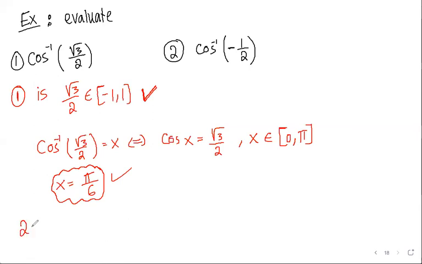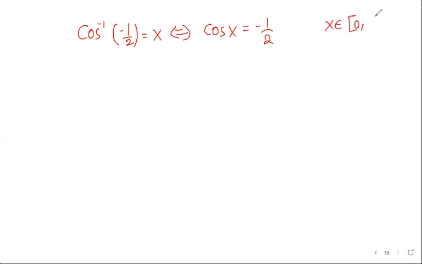For the second one, negative 1/2. You have to check, does negative 1/2 belong to the interval from -1 to 1? Yes, negative 1/2 belongs to this interval. So this means it has an inverse, the same steps.